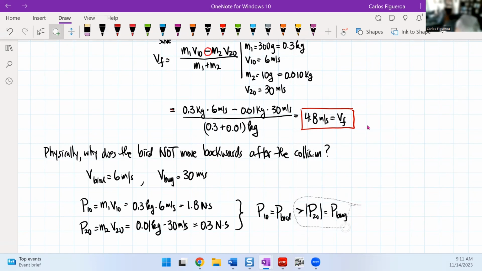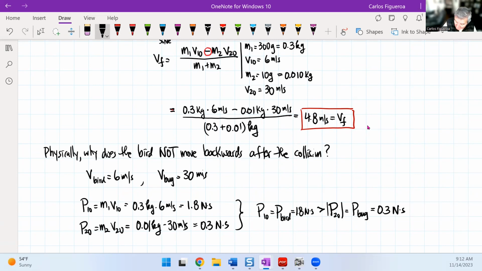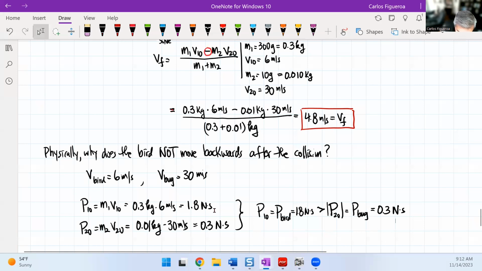If I put my numbers in here, you could see that this is 1.8 newton-seconds, and this is equal to 0.3 newton-seconds. So if you want to stop the bird in its place, you'd have to increase the momentum of the bug. So it has to go considerably faster. But that's the reason why the bird didn't move backwards.